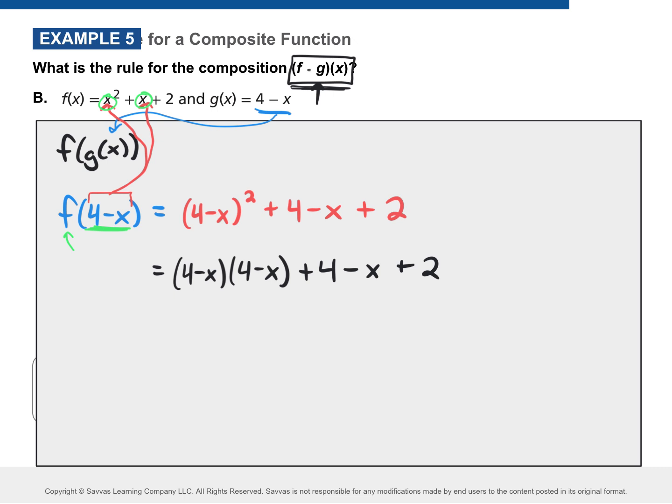Let's focus on this first. What can I do with this? Yep, let's FOIL that out. 4 times 4 is 16. 4 times negative x, negative 4x. Negative x times 4, negative 4x. Negative x times negative x.